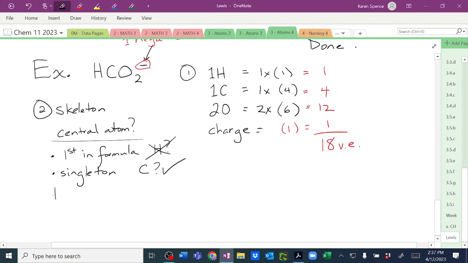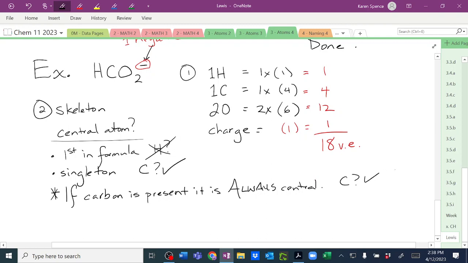And here's like a little extra tip. If carbon is present, it is always central. Okay? So that would be another way of going about it. Because it's got those 4 unpaired electrons, it's always going to go in the middle. Okay, so number 1, we've said carbon is the singleton and carbon is always in the middle.